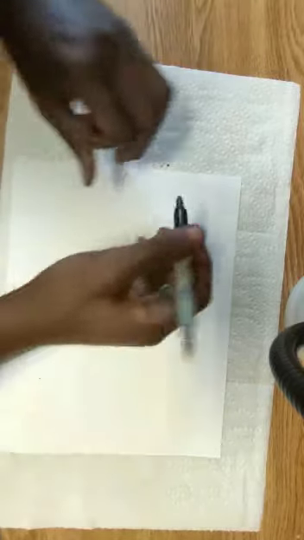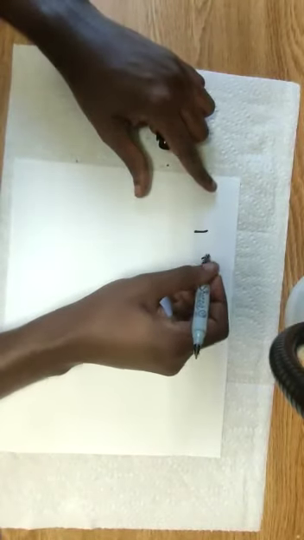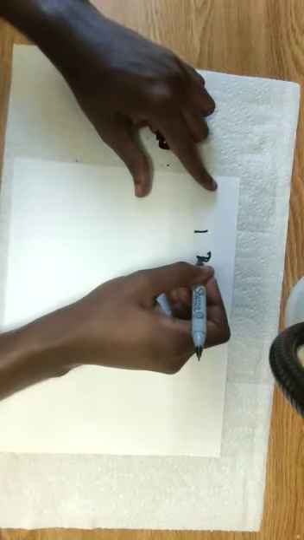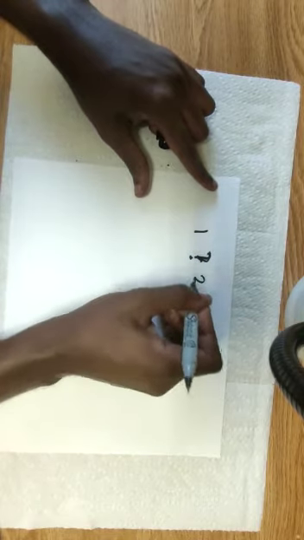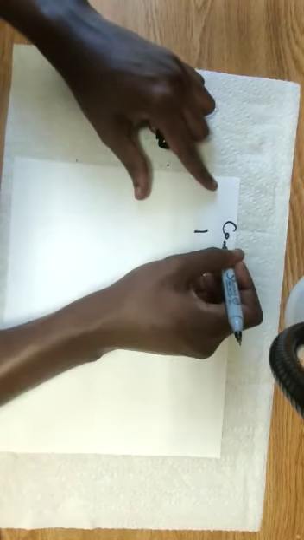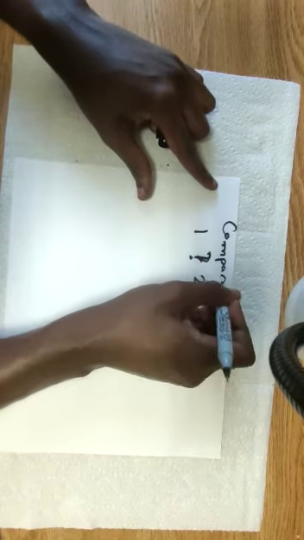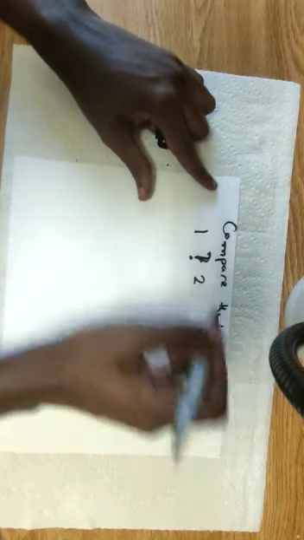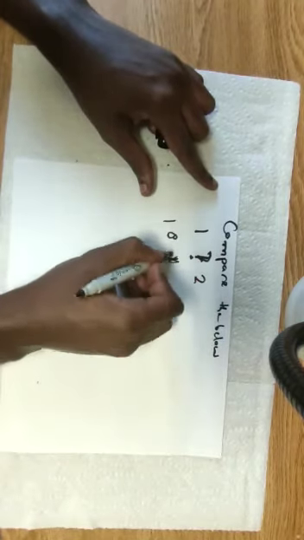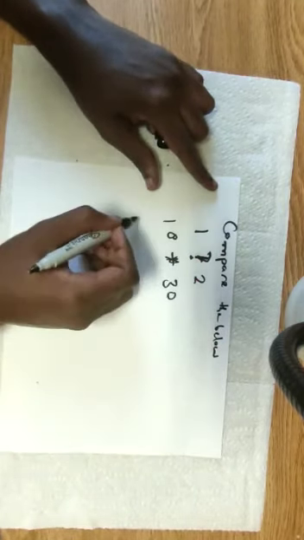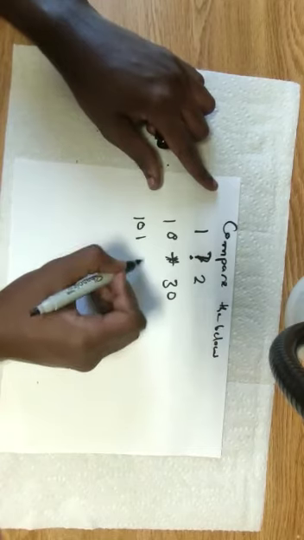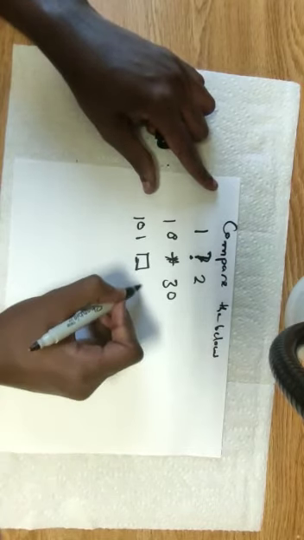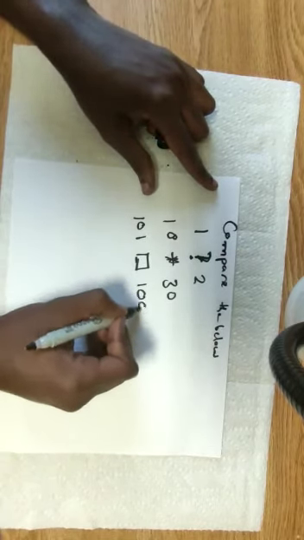So I'll just write down random numbers right now. 1 compared to 2. This is: compare the numbers below. 20 compared to 30. 101 compared to 1000.